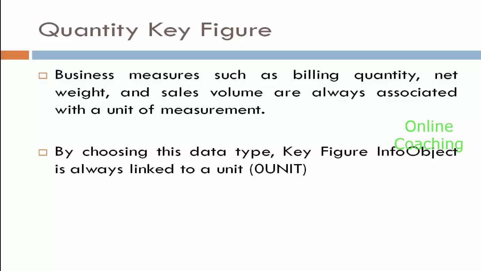I am measuring this sugar in kilograms. That is called unit of measurement. So the quantity key figure will always be associated with a unit of measurement. There is one predefined unit of measurement created by SAP called 0UNIT. For currency, it will be 0CURRENCY. By choosing this type of key figure, the info object is always linked to your unit.